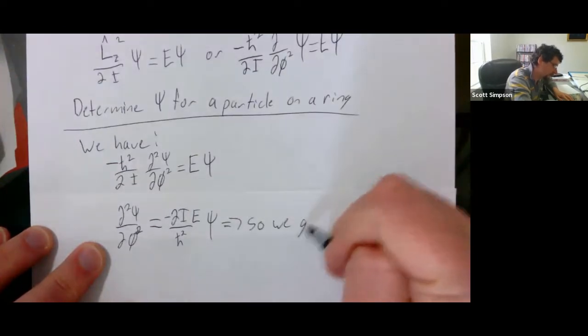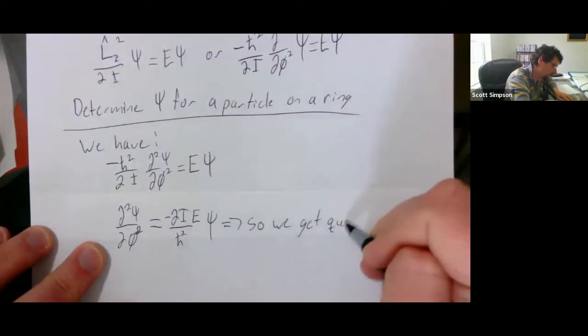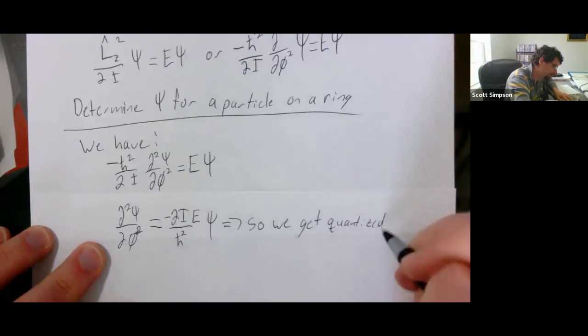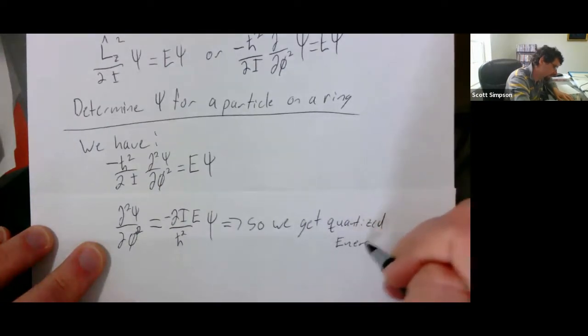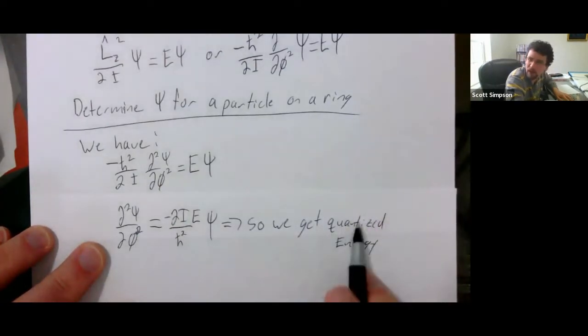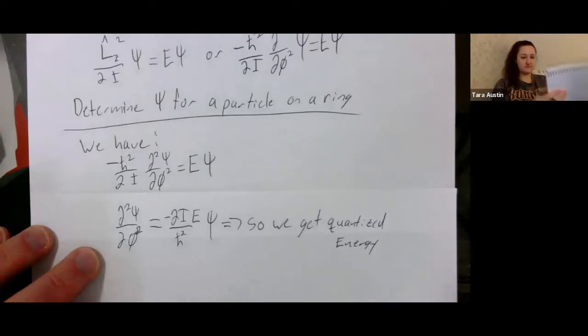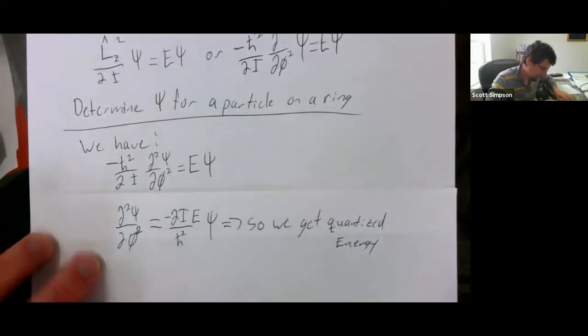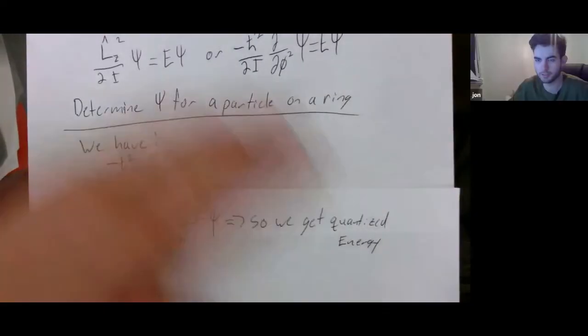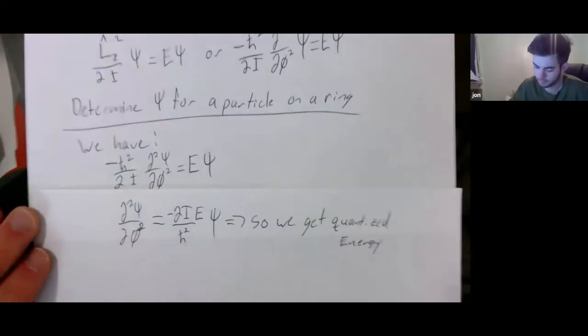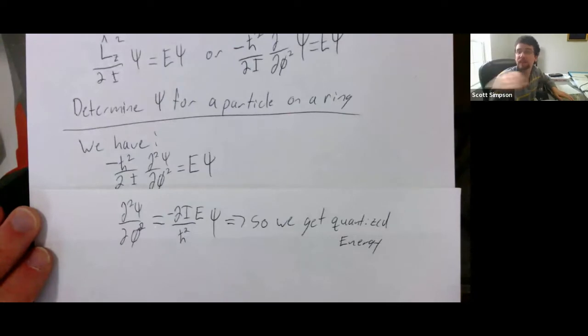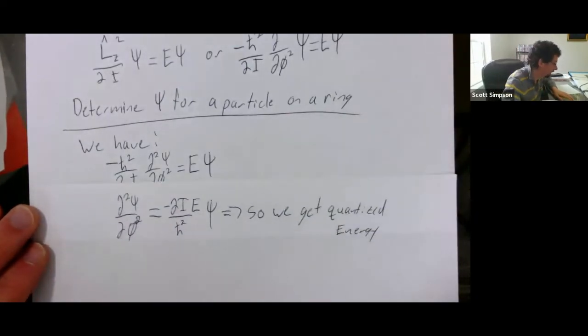So we get a quantized energy. Meaning, that word quantized, what does that mean again? Discrete. It's like an integer. Well, it just has to be a specific value. Can't take on like a continuum. Okay.